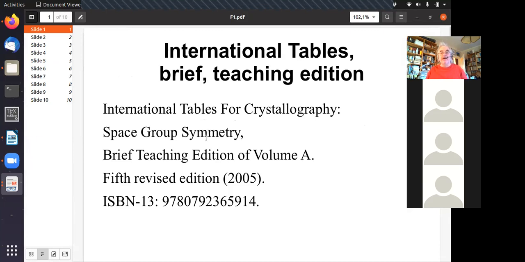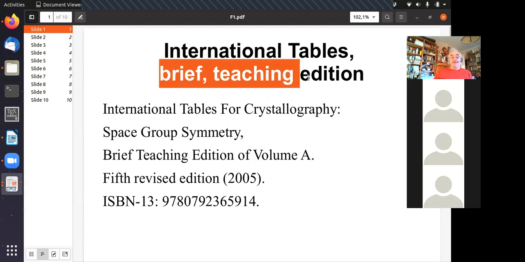So, as I said, the only commercial course literature is the International Tables, and if possible, if you buy it in print, you could actually buy it as the brief teaching edition. That's also quite cheap. It's 200 crowns or something like that. But I suppose you will have it available in an electronic version also. The teaching edition is not available as an electronic version, but the electronic version you have.